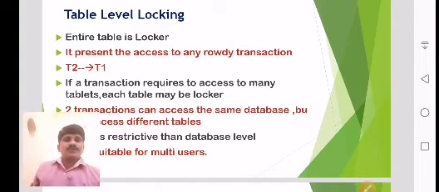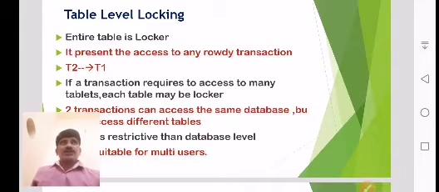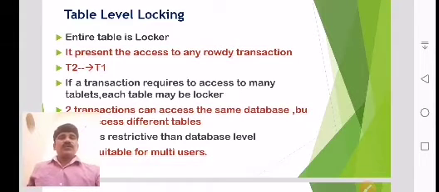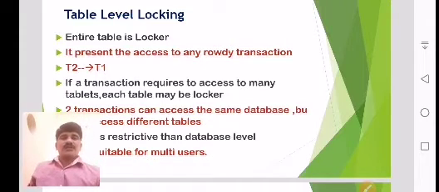If the access is to any row by a transaction, the table is locked. Suppose T1 and T2 are two transactions performed on a single table. If T2, the transaction 2, performs on the table, then T1 will be locked. If a transaction requires access to too many tables, each table may be locked.